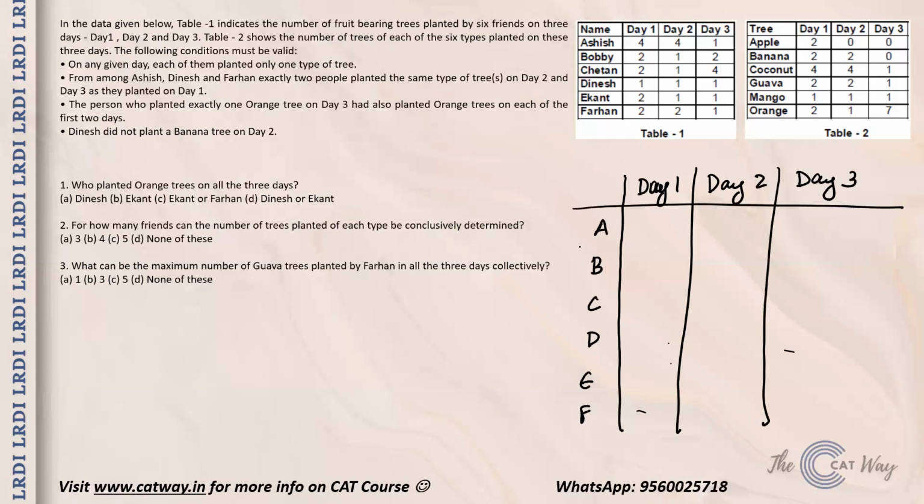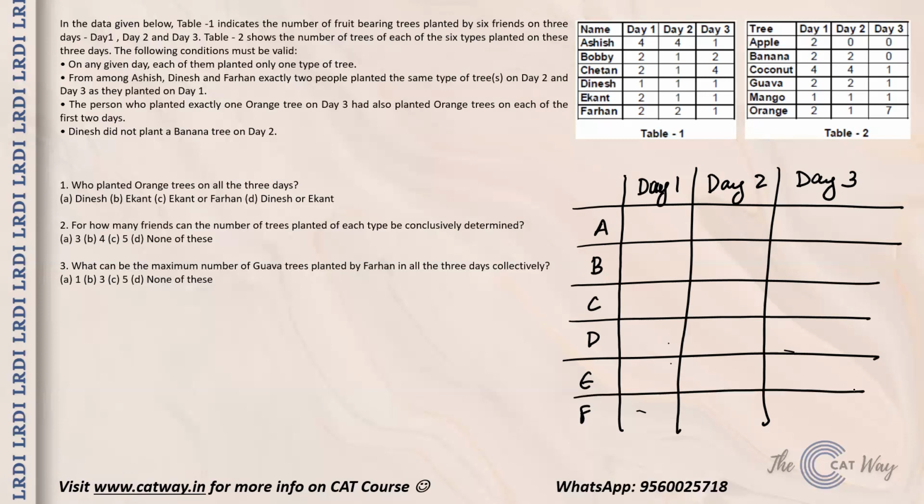Now, what do we do? If you look closely, guys, Ashish has planted 4 trees on day 1. If you check table number 2, you will see that 4 trees of coconut were planted. Ashish cannot divide his 4 trees as 2 apple, 2 banana, and so on.